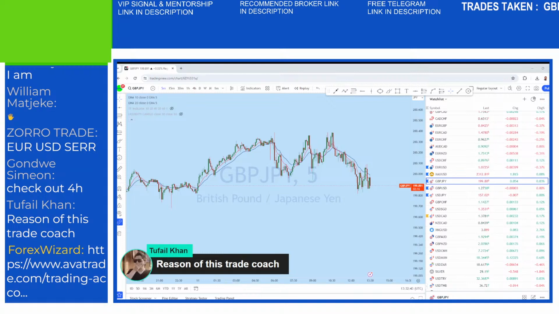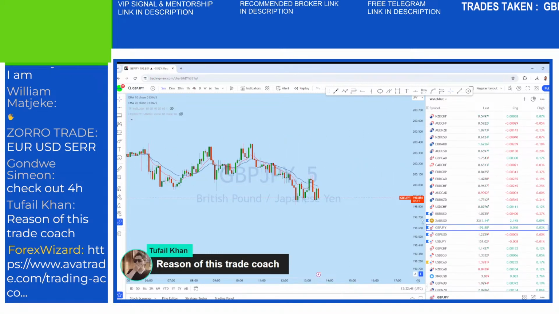Yes, you can see that GJ has formed a head and shoulders on the 5 minute chart.